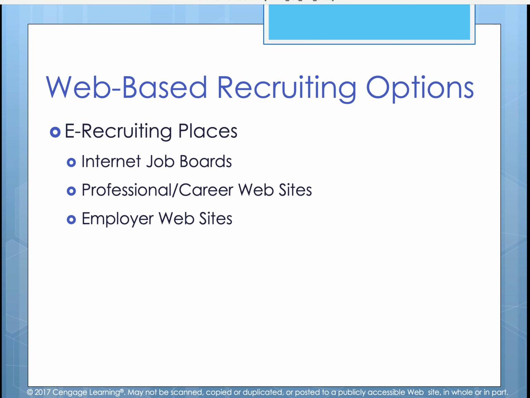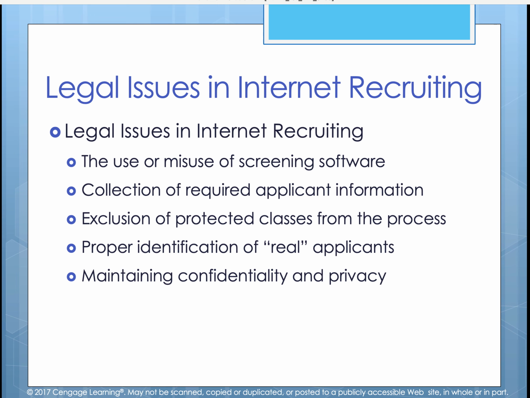Now, the e-recruiting places that you can utilize are some of the same, right? The job boards, the websites for professional career specific, and then of course your company website. Some legal issues that have to be considered when you're recruiting using the internet, of course, is the use or misuse of screening software, because you put in some parameters and some algorithms that can definitely factor in our bias.